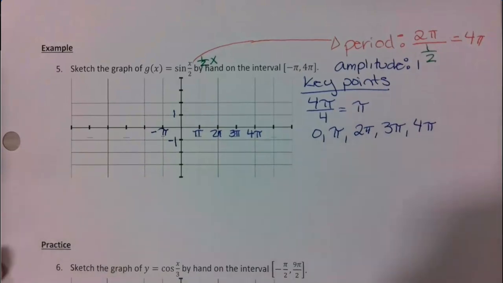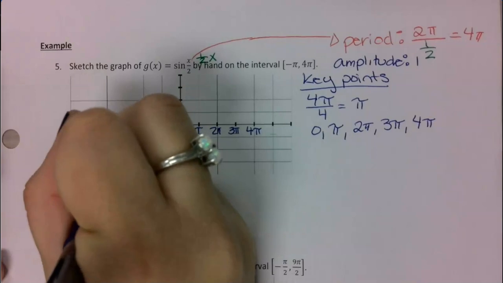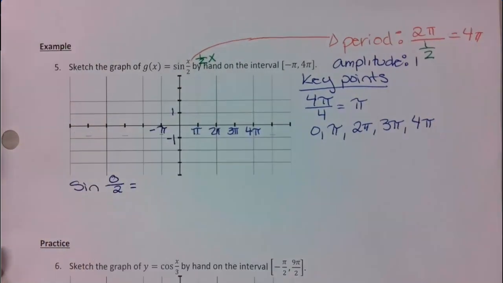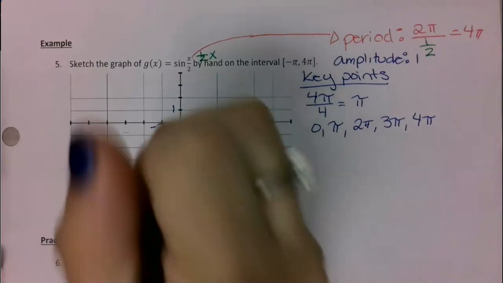And then I just want to go ahead and plug these values in for sine. So I'm going to have sine of 0 divided by 2. So what does that get us? Okay.